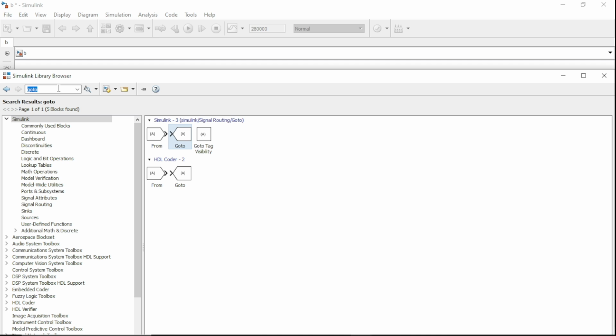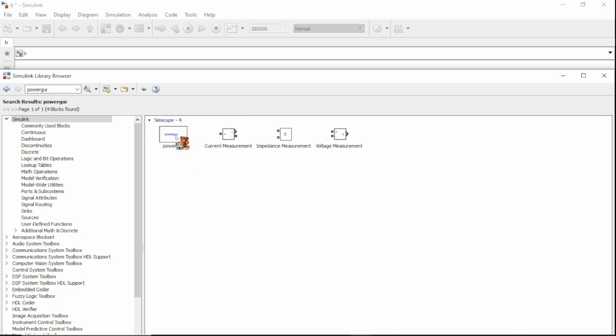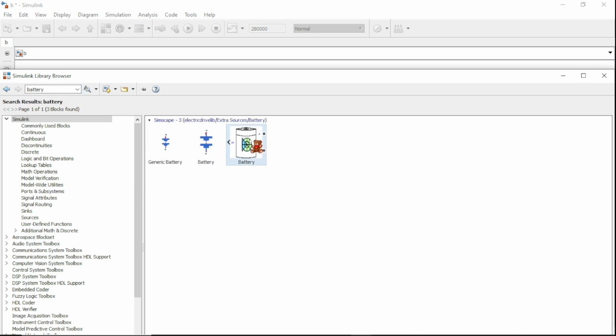First I am taking the powergui. Then I am taking a battery. Then I am taking a series RLC branch because I have to make a resistance.